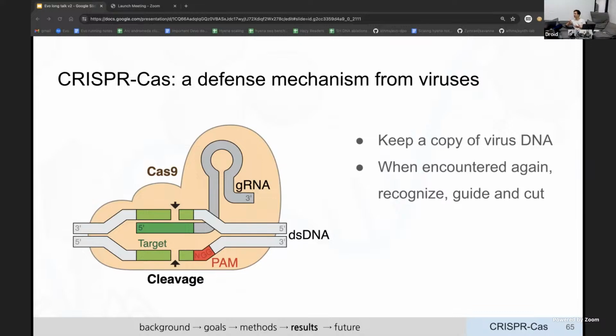It's a defense mechanism that they use against viruses. The idea is that bacteria will keep a copy of essentially invaders, like these viruses that try to infect them. They'll keep a copy of this invader or virus DNA in their own genome, so that when that virus comes back, they can recognize it and then they can cut it. They can cut it and essentially render it innocuous.